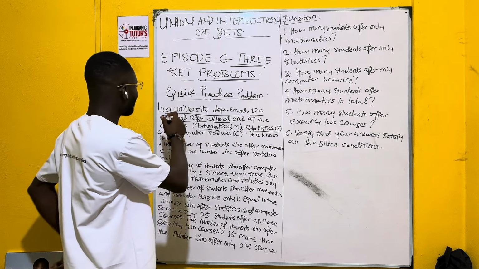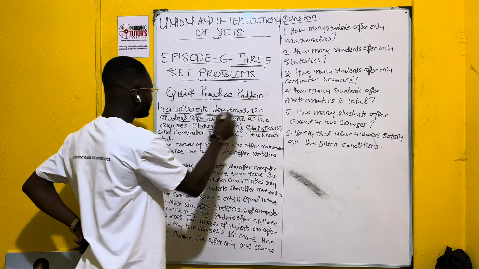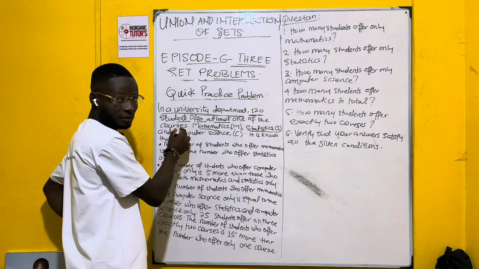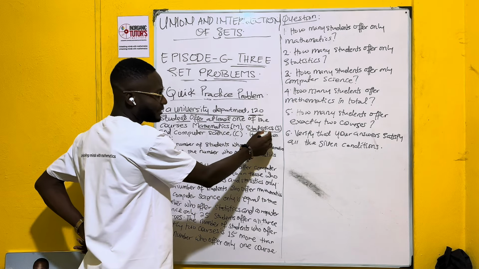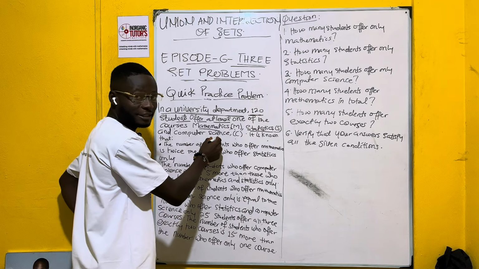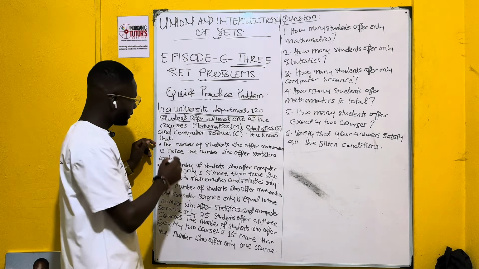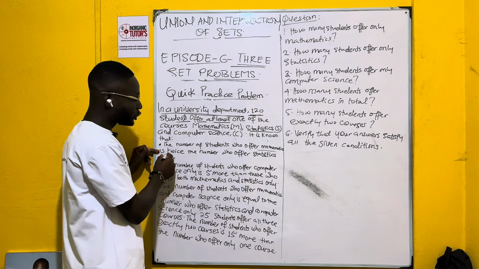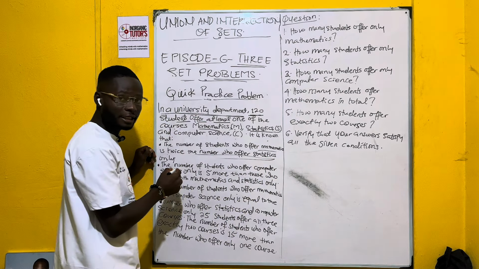So, the question is, in a university department, 120 students offer at least one of the courses. We have mathematics denoted as M, statistics denoted as X, computer science denoted as C. Now, it is known that the number of students who offer mathematics is twice the number who offer statistics only.